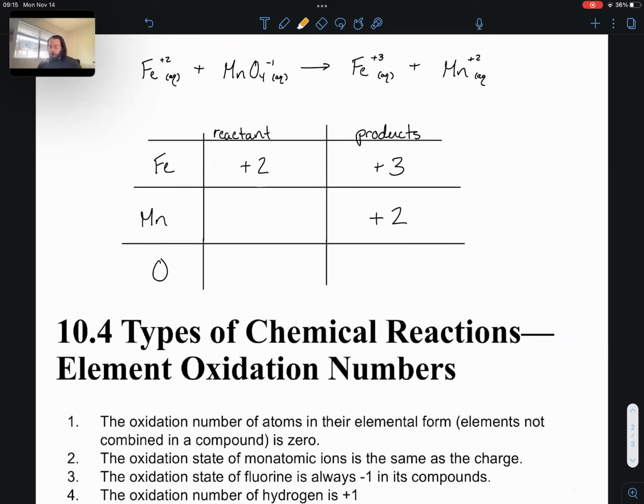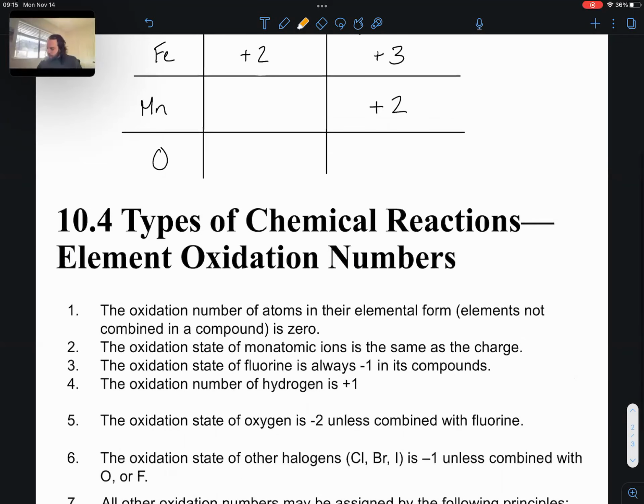Altogether, they form this polyatomic ion with this -1 charge. But the manganese and the oxygen are actually covalently bound to one another. This concept of charge really only applies to ions, but this concept of oxidation number extends to both ionic and covalent compounds. So we're going to be able to assign the oxidation number of the manganese and the oxygen in that polyatomic ion.